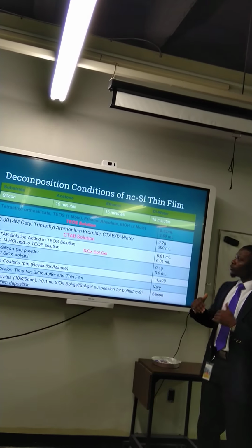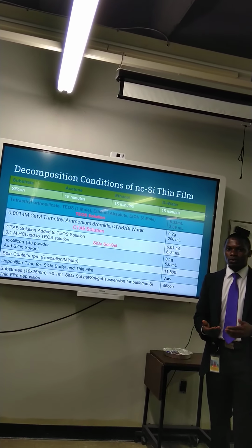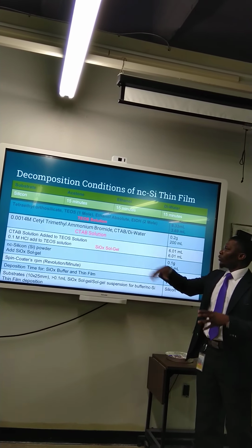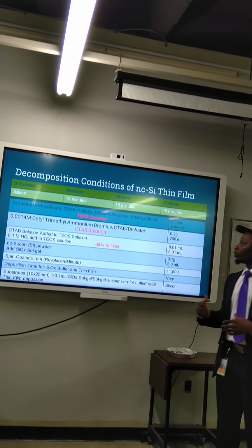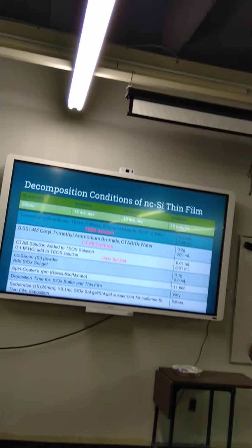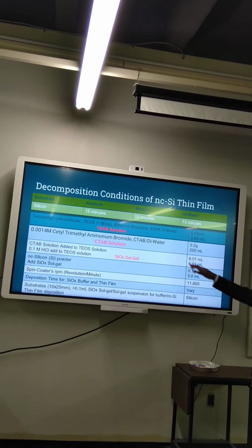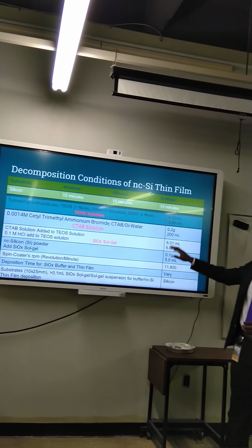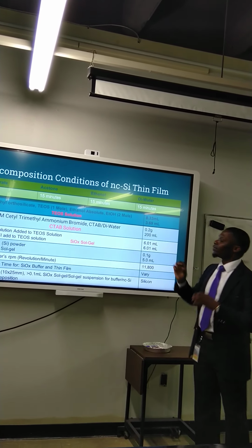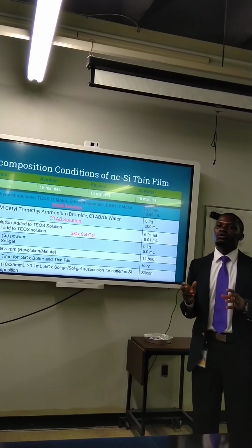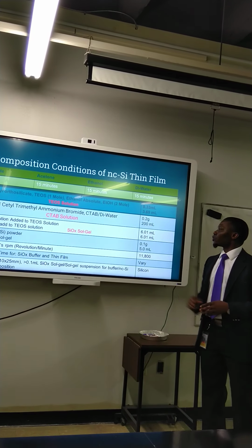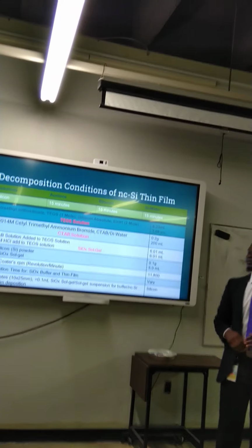And I went on to make the CTAB solution, where I added the cetyl trimethyl ammonium bromide with DI water. The CTAB was 0.2 grams in quantity, and the DI water was 200 milliliters.